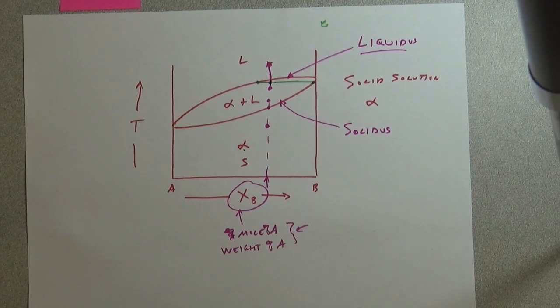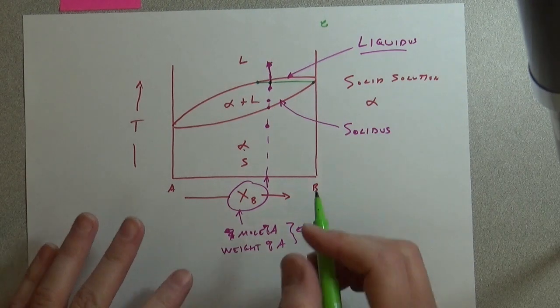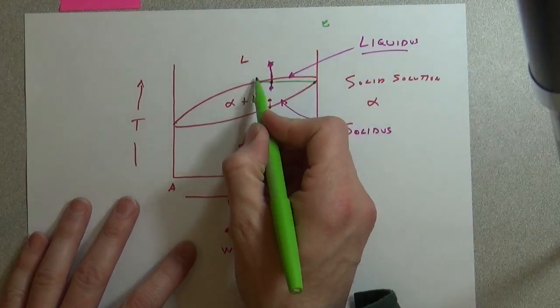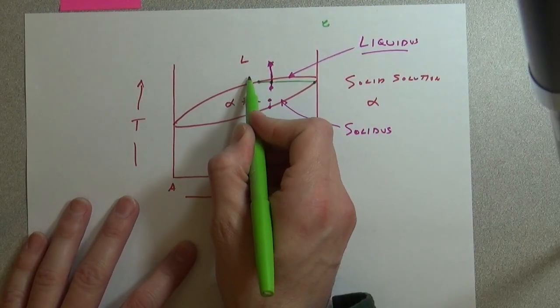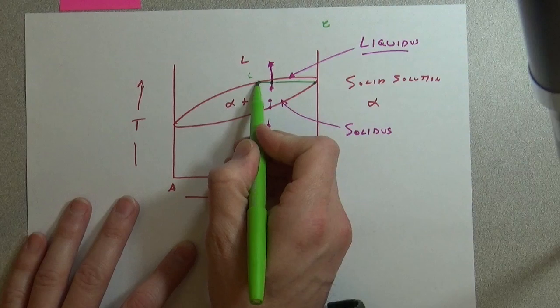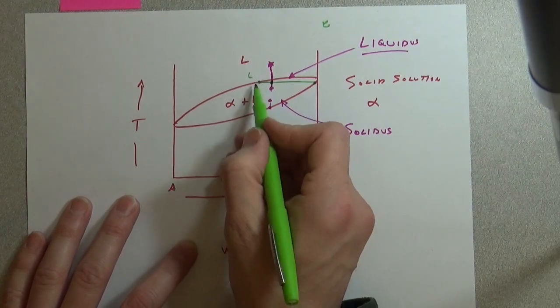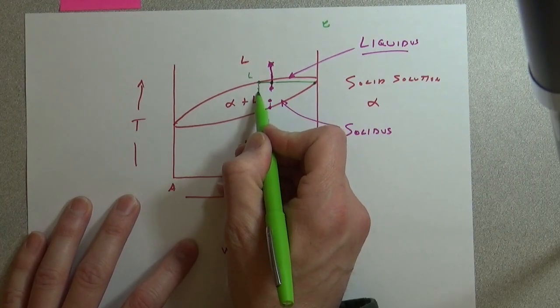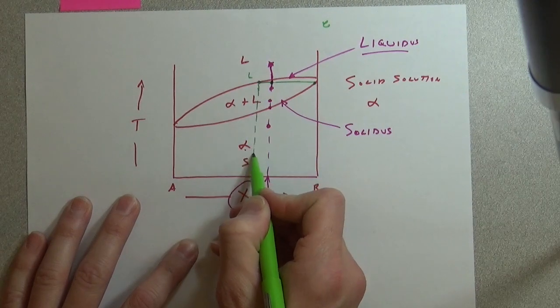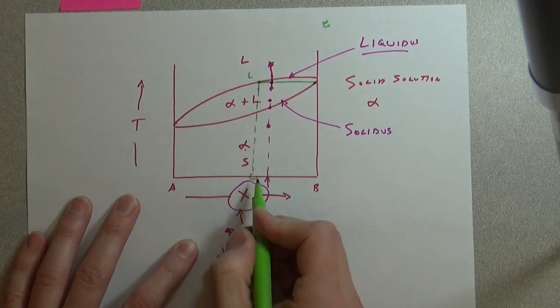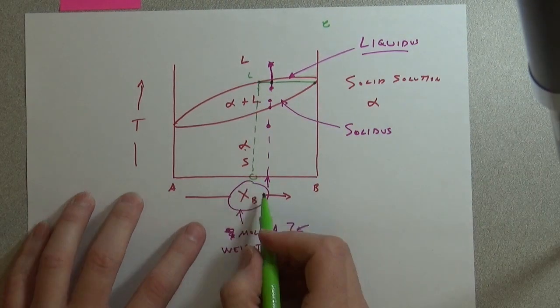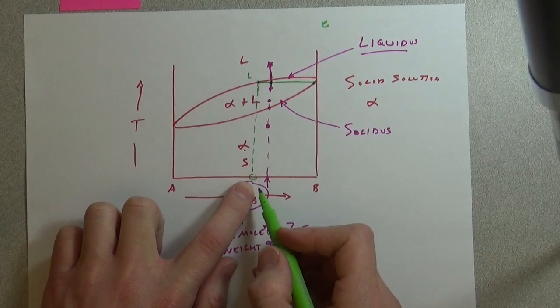If we want to talk about the composition of the liquid phase, which is on this side, so it's on the liquidus, right? It's right next to that point. If we drop a vertical line down to there, that gives us the composition of the liquid.